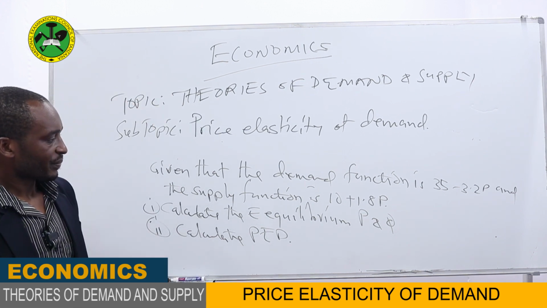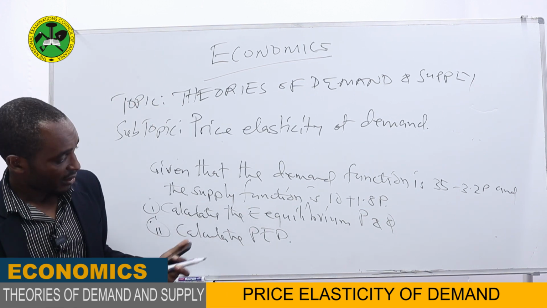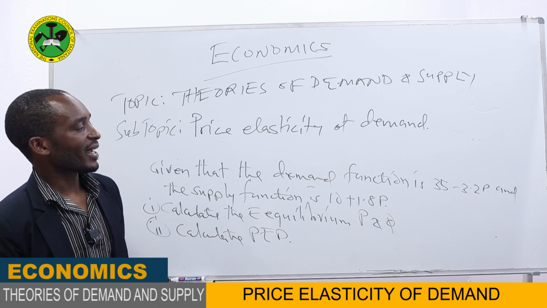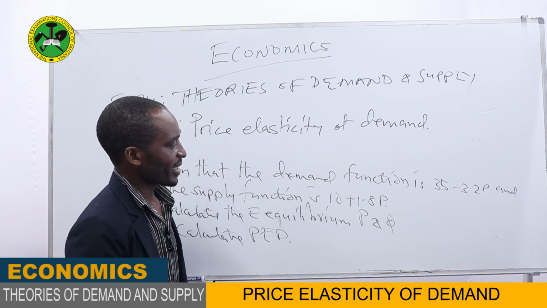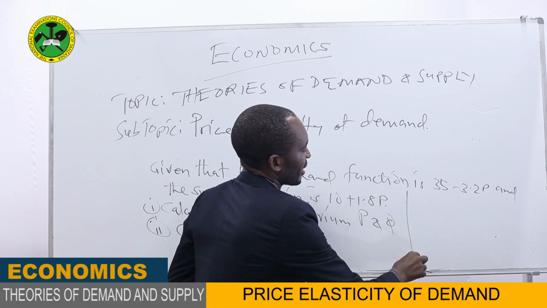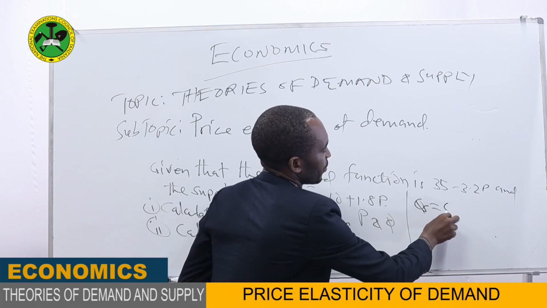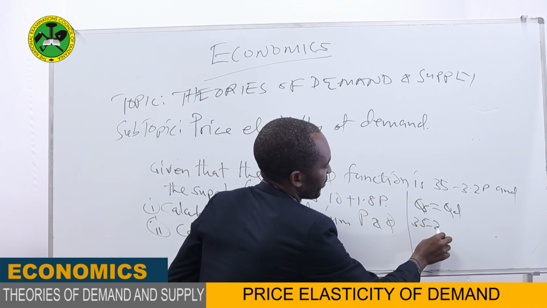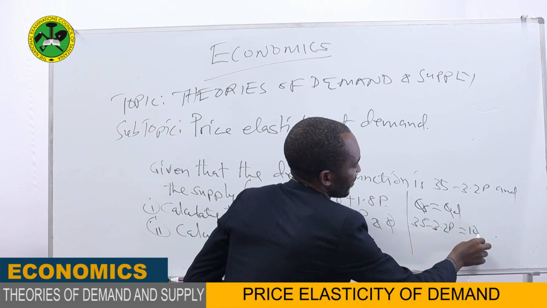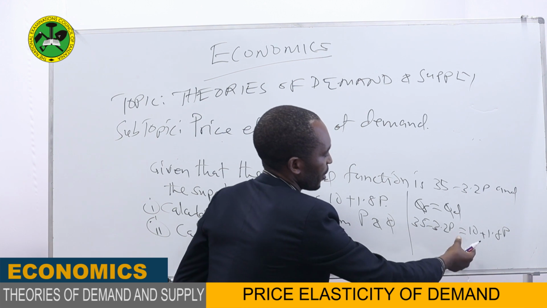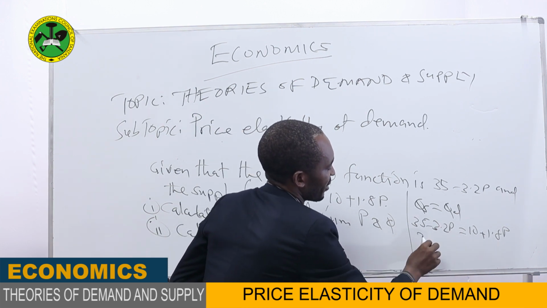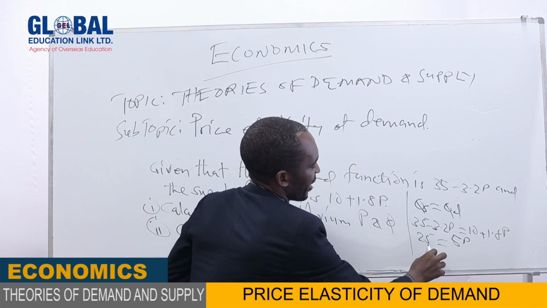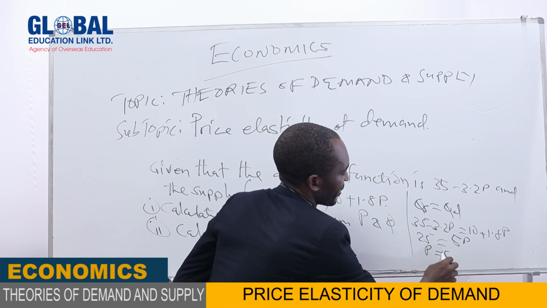So, dear Eric, to get the equilibrium price and equilibrium quantity, you need to equate the demand function and supply function. At equilibrium, the quantity supplied will be equal to quantity demanded. So, when you equate the two equations, it will be 35 minus 3.2p equals 10 plus 1.8p. When you collect like terms, this side will be 25 equals 5p. When you divide by 5, p will be equal to 5.